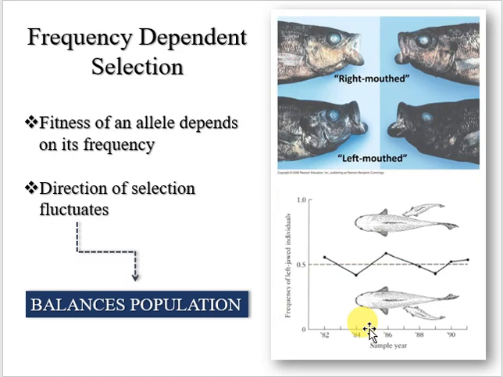So it's almost like directional selection, but it's more that you have maintenance and persistence of different phenotypes kind of held at equilibrium within a population because of fluctuations in selection.